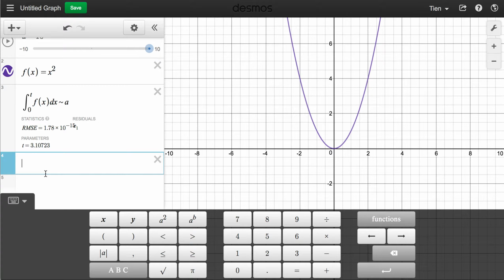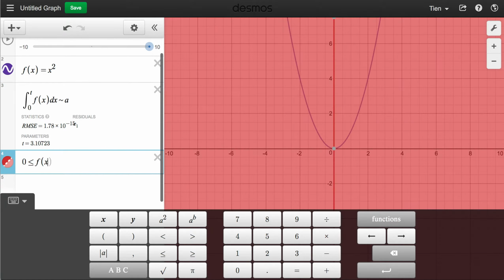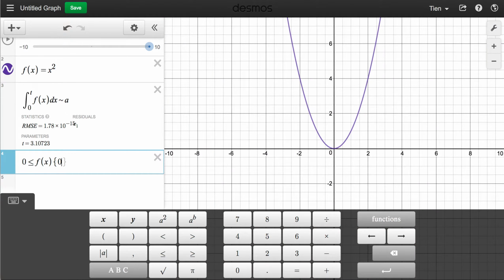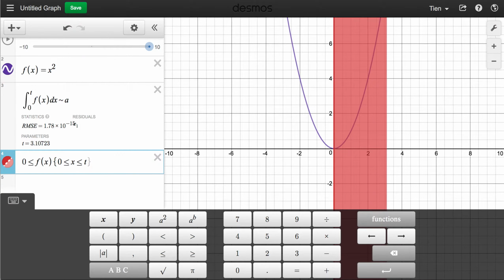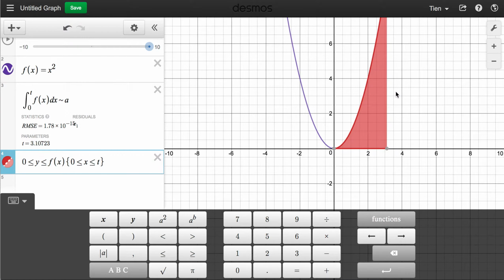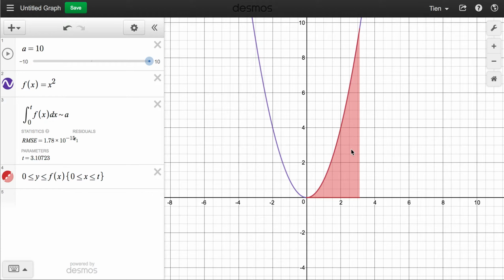And then you could do some things like, well, let's graph the error between 0 and f of x, subject to 0 being less than or equal to x less than or equal to t. Sorry, y between that. And then over here, we could see that area.